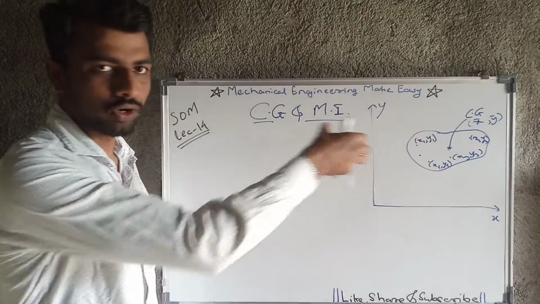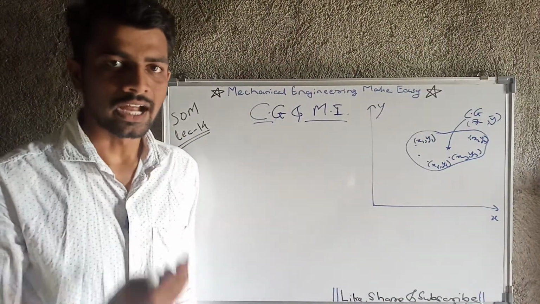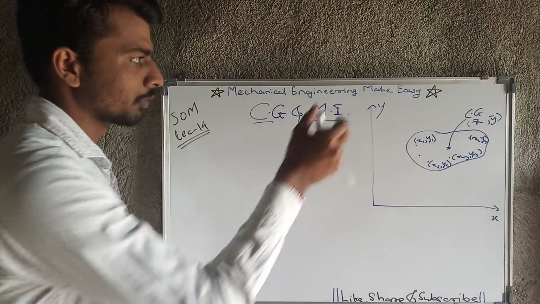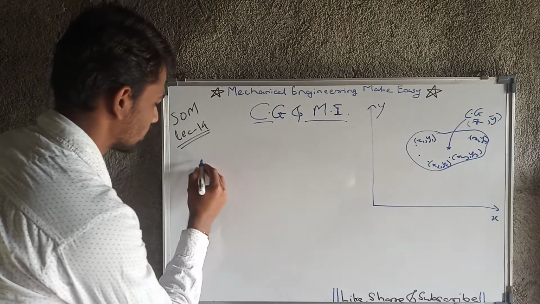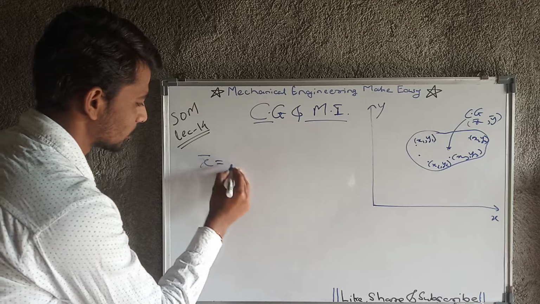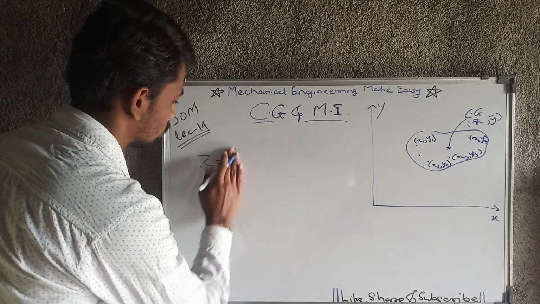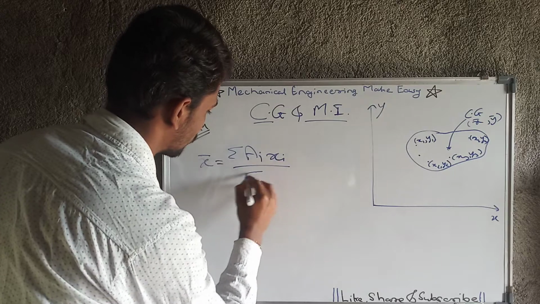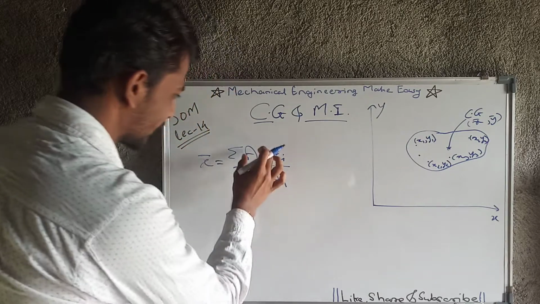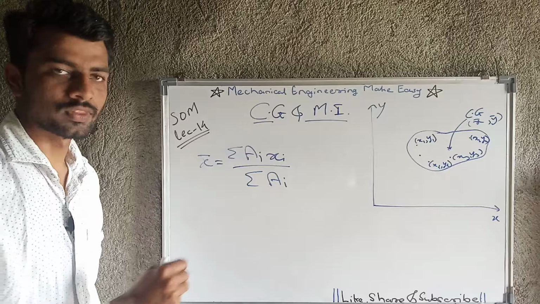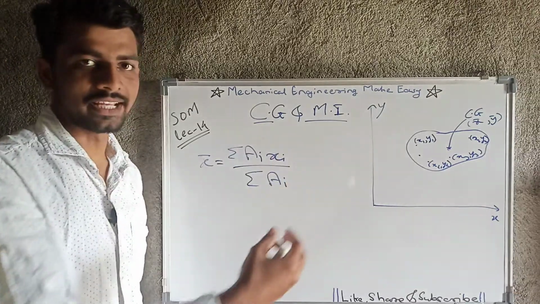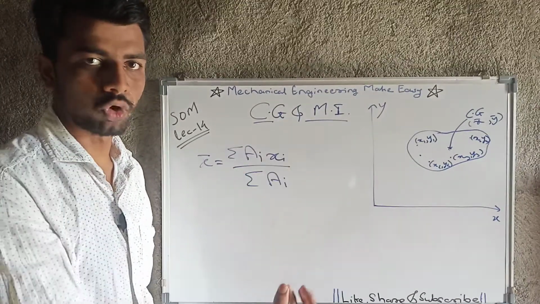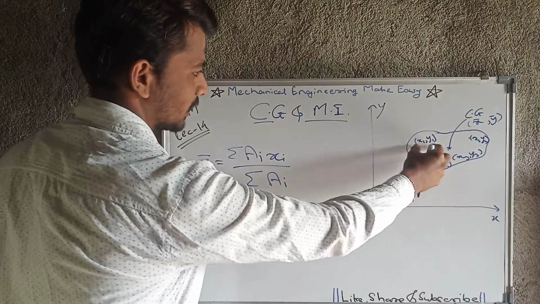So we have analyzed with the help of the figure and reached a formula to calculate x bar and y bar. The formula is x bar equal to summation of ai xi upon summation of ai. What exactly are ai and xi? ai is the area of that atom or molecule, whatever we are considering.